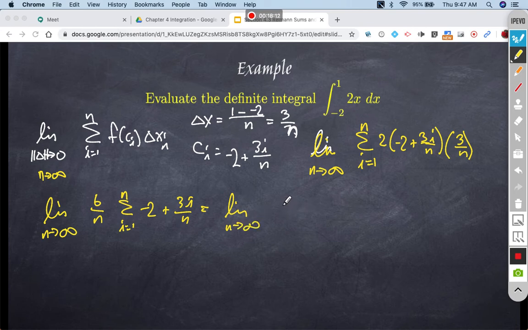So we get 6 over n times the sum i equals 1 to n of negative 2, plus, here 3 over n is my constant, so I'm going to go 3 over n times the sum as i equals 1 to n of i.